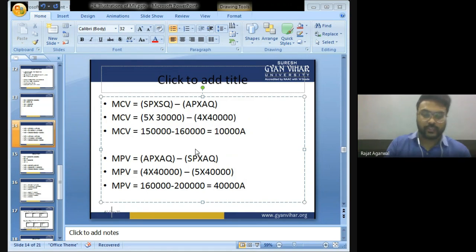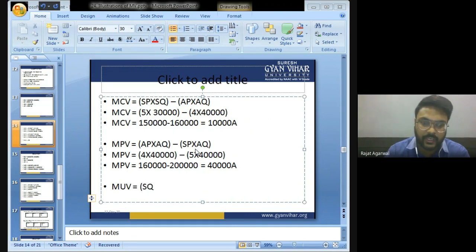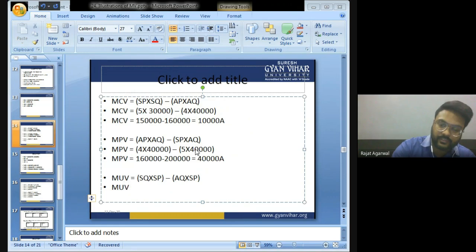Okay. Now material usage variance. Material usage variance is standard quantity into standard price minus actual quantity into standard price. Standard quantity is 30,000 into standard price is 5.